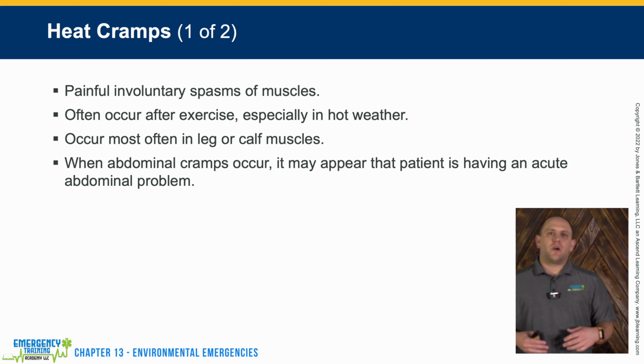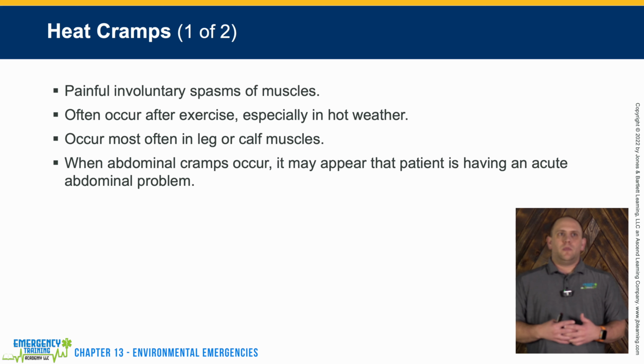So heat cramps are the first type of heat injury from heat exposure that we're going to see as our body starts to become overwhelmed with regulating the heat in our body. The first thing you're going to see is painful muscle spasms.